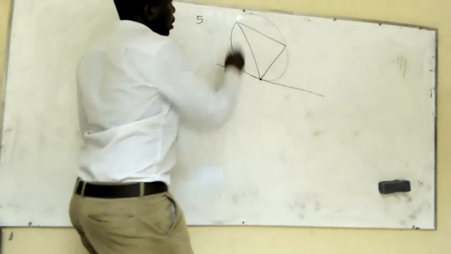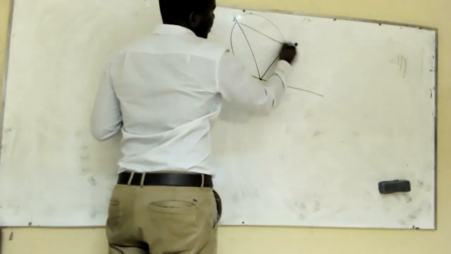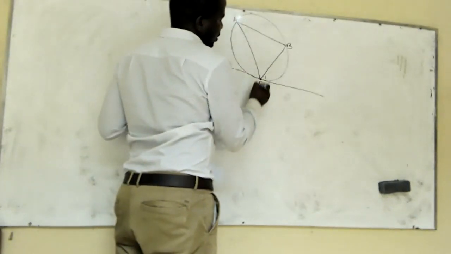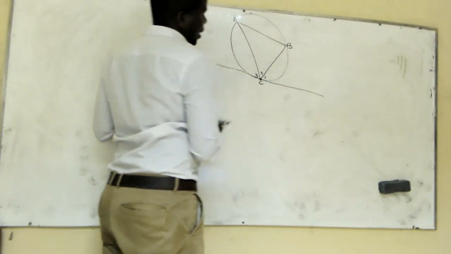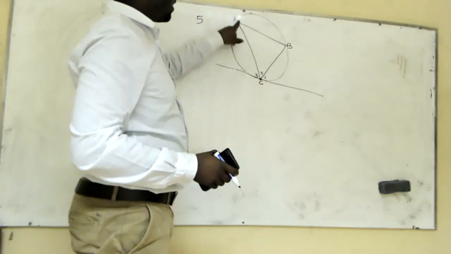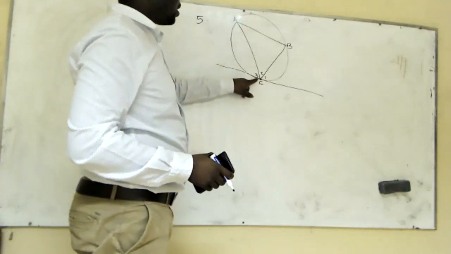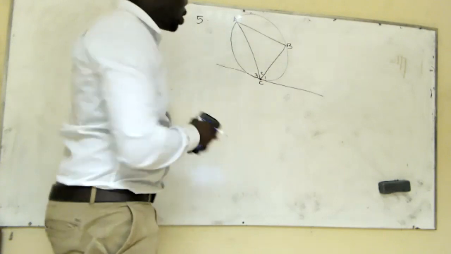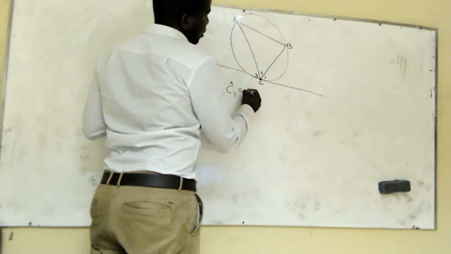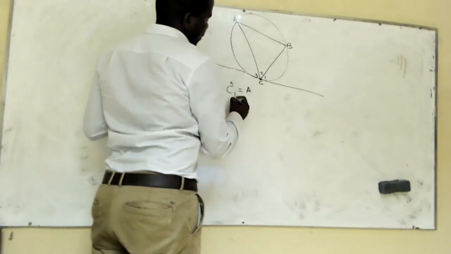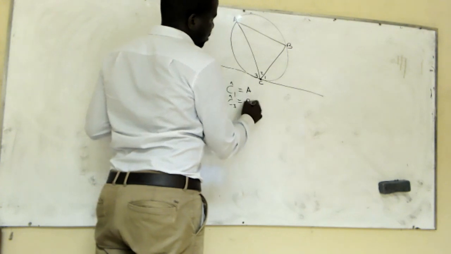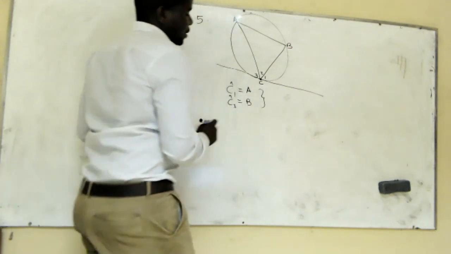So now, if this triangle is triangle ABC, and then here we have C1, C2, and C3, there is a relationship which is established between angle C1 and the angle A, and the angle C3 and the angle B. So C1 will be equal to angle A, and angle C3 will be equal to angle B. Why is that the case?